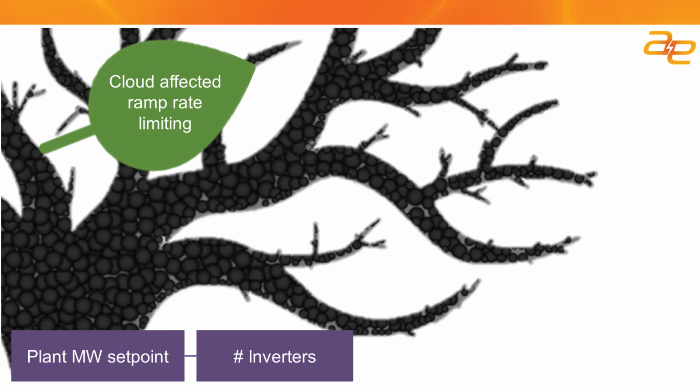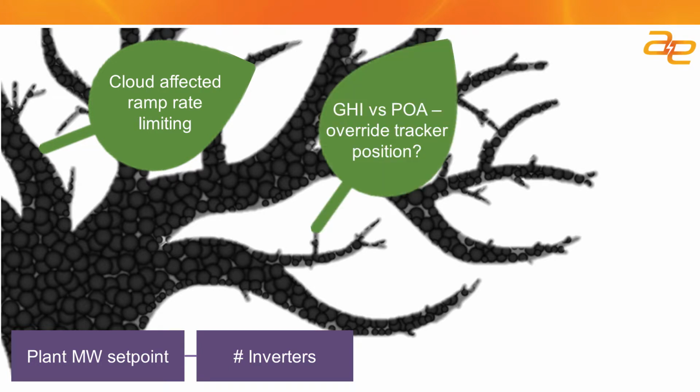You can turn down the response of the inverters and make sure that you ramp more slowly than 10%, but ultimately that means that you're costing the owner money in underperformance through whatever frequency of clouds are coming to the site.